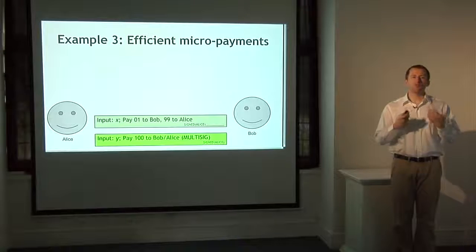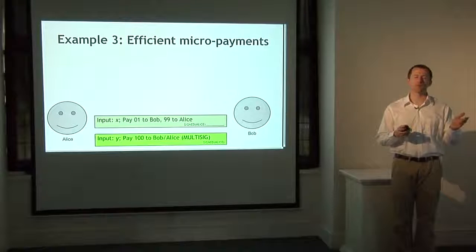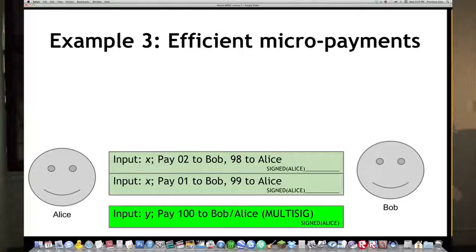Now, after the first minute that Alice has used the service, or the first time Alice needs to make a micropayment, she signs a transaction spending those coins that were sent to the multi-sig address, sending 1 coin to Bob and returning the rest to Alice. After the next minute of using the service, Alice signs another transaction, and this time she's paying 2 coins to Bob and sending the rest to herself.